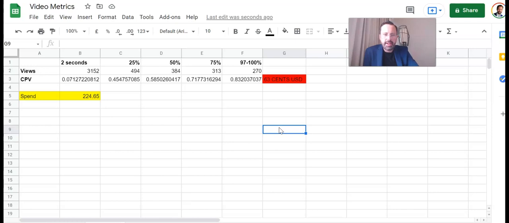And it cost us only 63 cents to get these very targeted people to watch at least 97% of a video. That's effectively a case study, an advertisement for this enterprise contract software. 63 cents. Now, how much would be the cost per click on Google?